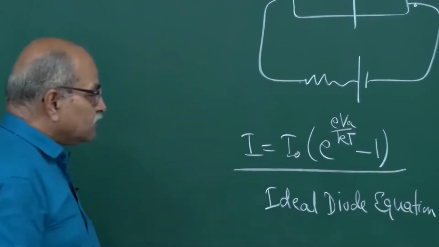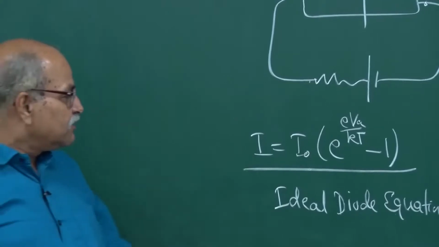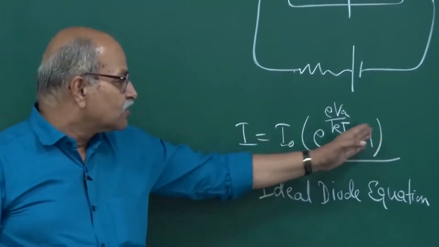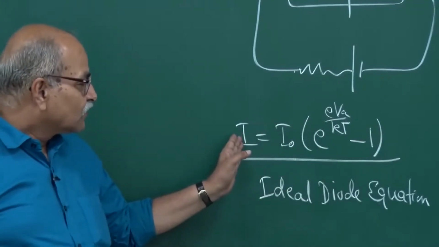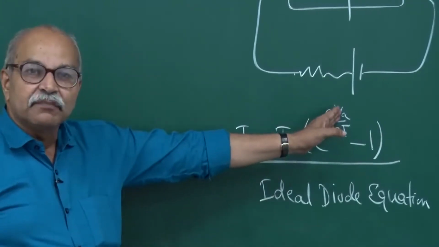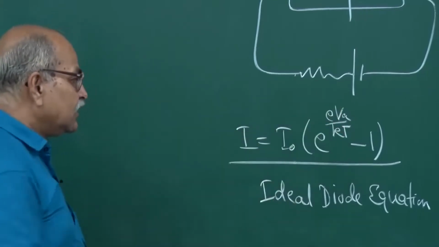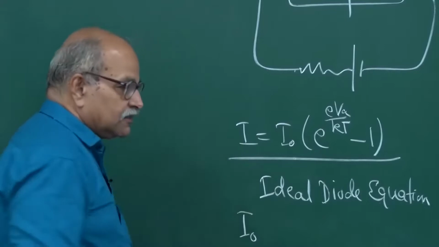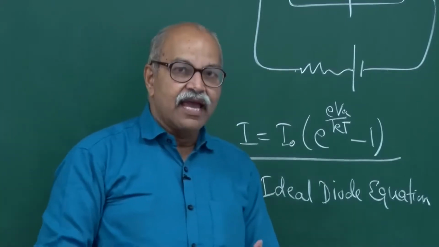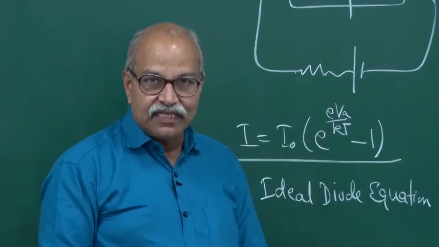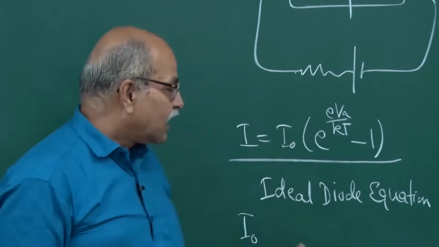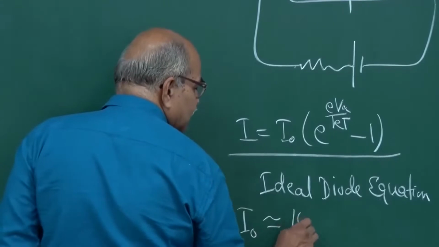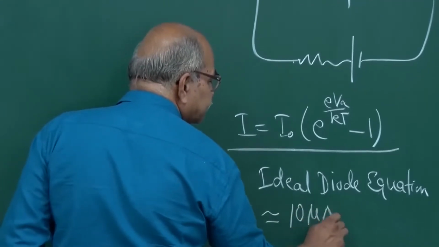Now before proceeding further, let me give numerical values of this quantity for different values of applied voltage. This I naught, which is the diffusion current and same as drift current if there is no biasing, is typically a few microamperes. So let's say 10 microampere.